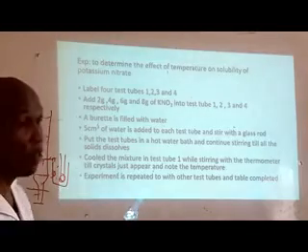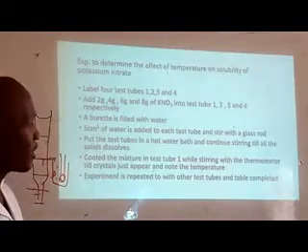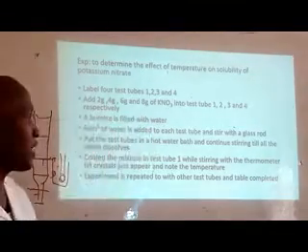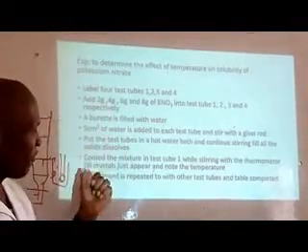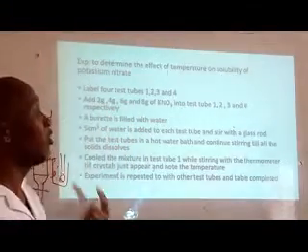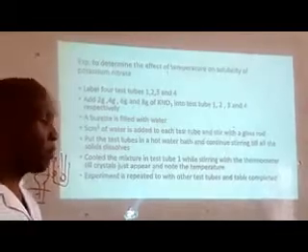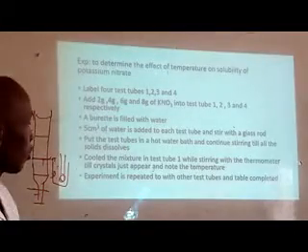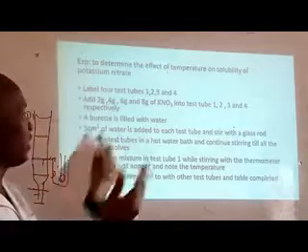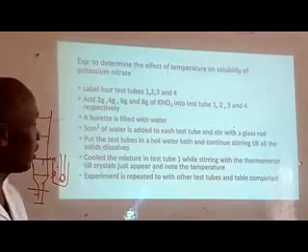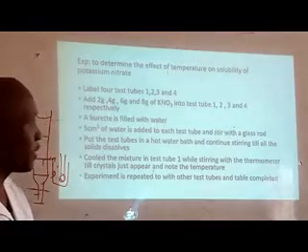When the crystals just begin to form, record that temperature and proceed to the next one. Now if it is taking too long to cool, then you may have to cool it using cold water, as we shall see in this particular experiment.